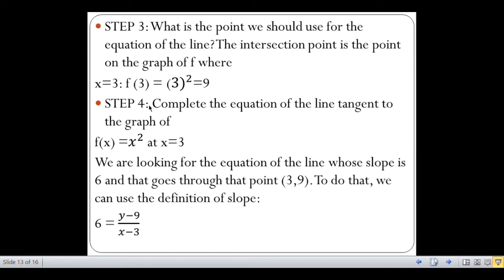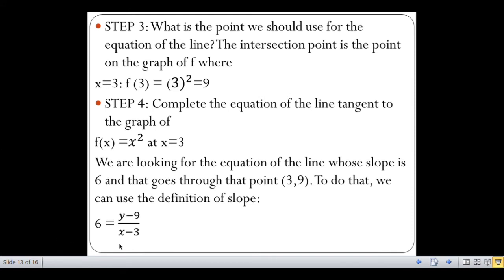Step number 4, complete the equation of the line tangent to the graph of f of x equals x squared at x equals 3. So, given problem to class. We are looking for the equation of the line whose slope is 6 and that goes through that point.